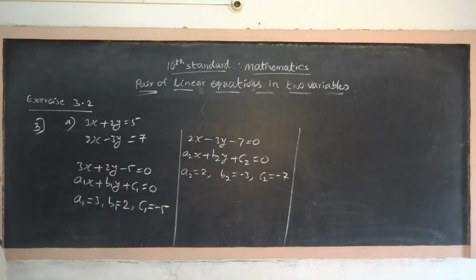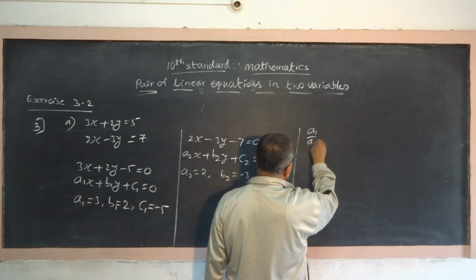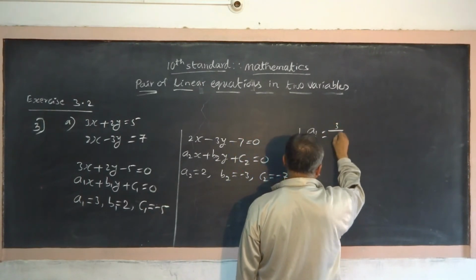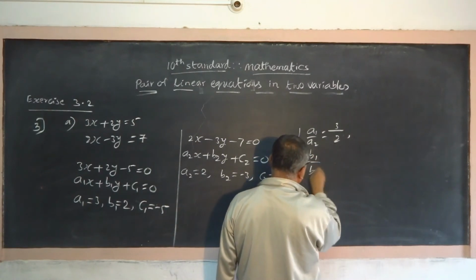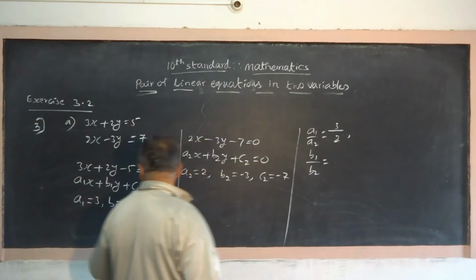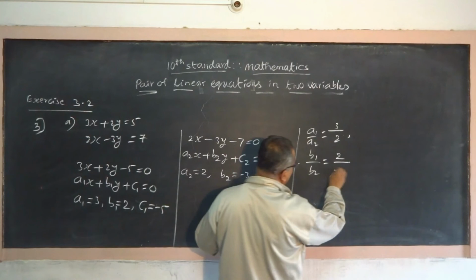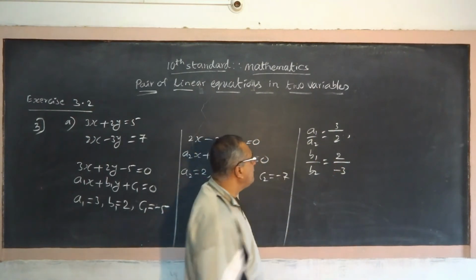Now let us take a1 by a2. a1 is 3, a2 is 2. Next, b1 by b2: b1 is 2 divided by minus 3. You can see, are these two equal? They are not equal.